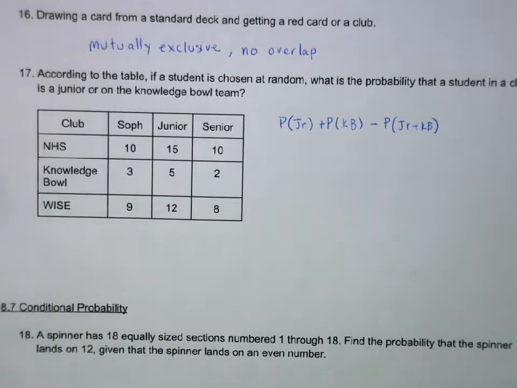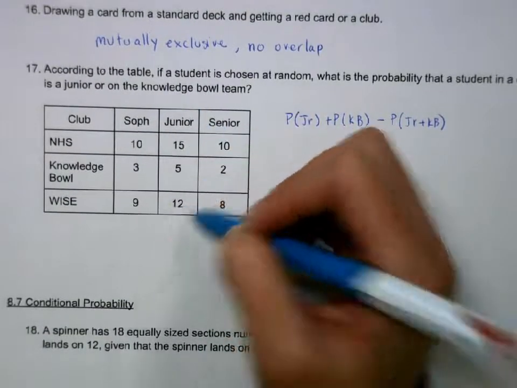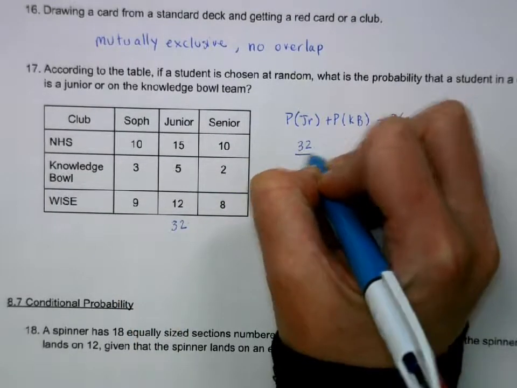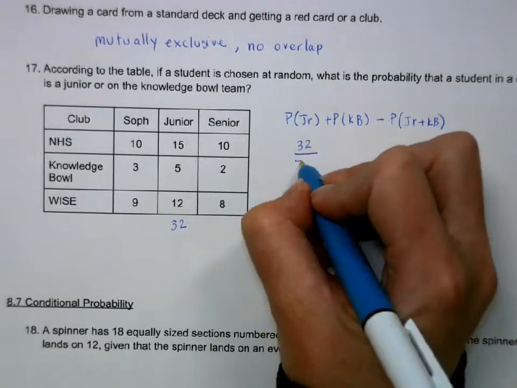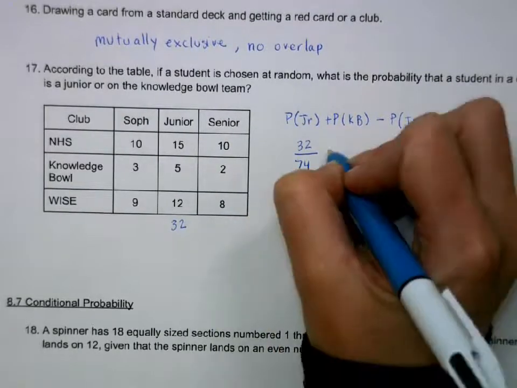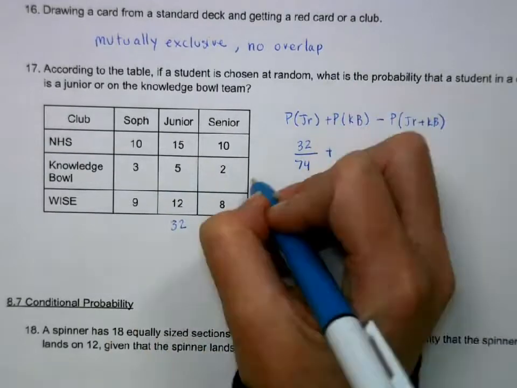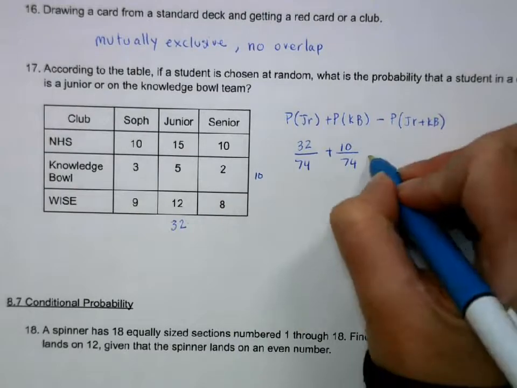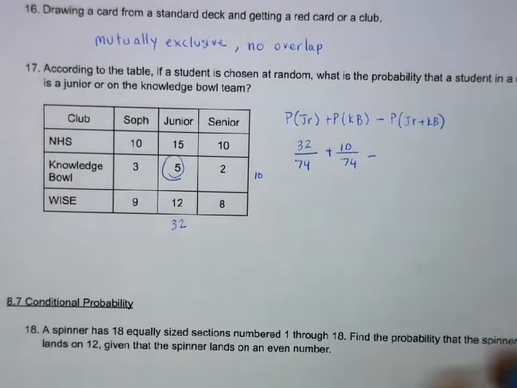So the probability that they're a junior, if we add these rows up, we get 32. If we add everybody in the chart, and you can do that math, it is 74. Knowledge Bowl, 3, 5, 2 is 10. So 10 out of the 74 are Knowledge Bowl, but we counted this set of 5 twice. We counted them in the Knowledge Bowl row and the junior column.